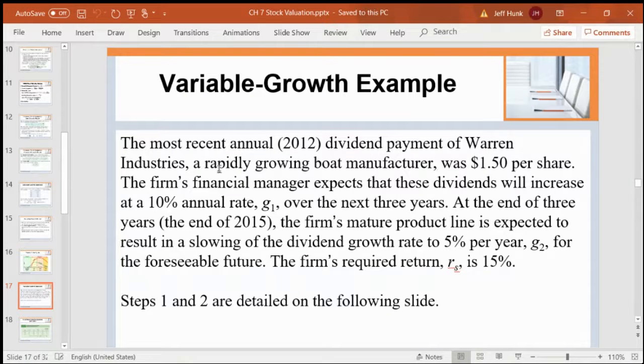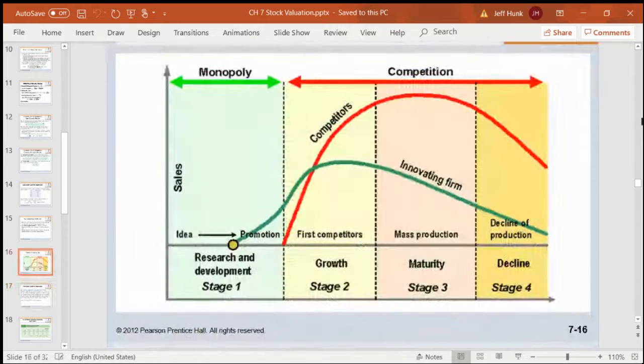The name of the company, Warren Industries, doesn't matter, and which industry it is in, a boat manufacturer, is less important at this point. But one thing you have to focus on is the fact that it is rapidly growing. Remember, if it is rapidly growing, there is a phase where it is growing rapidly. You see this cursor moving.